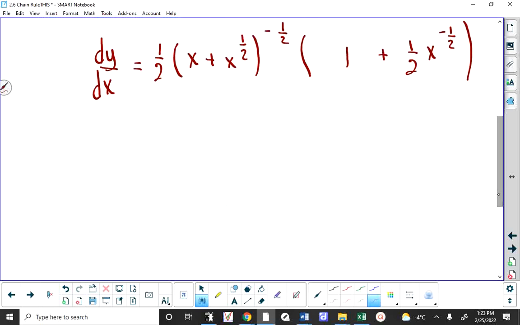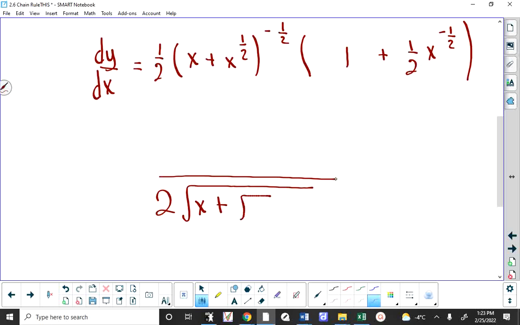You could, I suppose, write that. And I've done a couple of things here. Because there's a multiplication sign in here, I am allowed to move factors between the numerator and denominator.